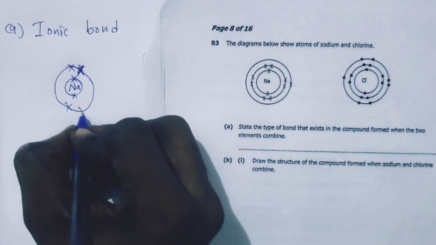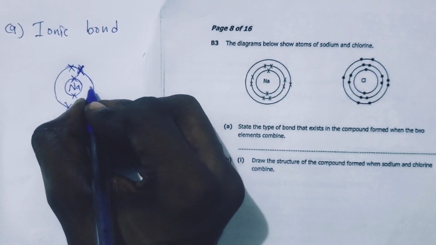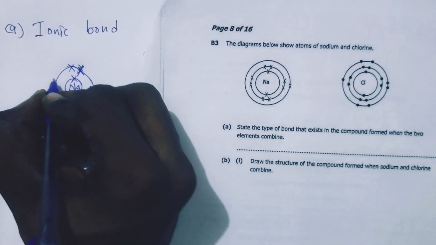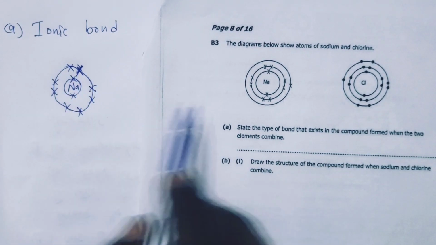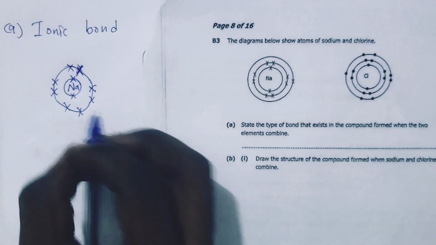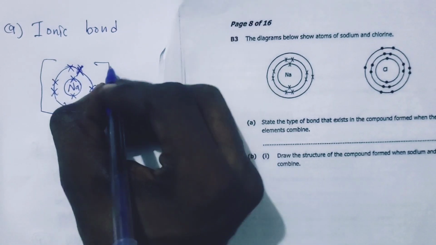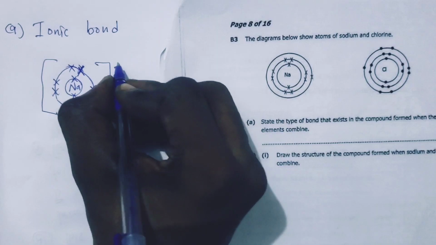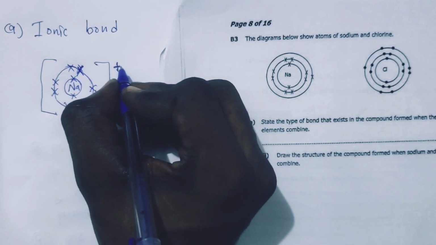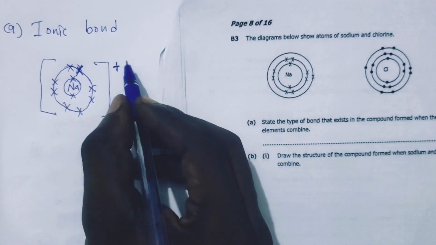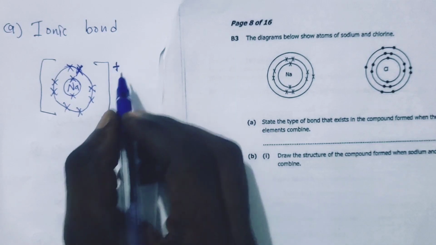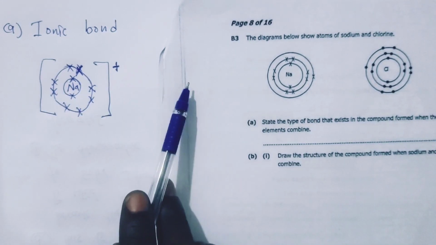So this is an electron, this is an electron, like this. Then the outer one is gone. To express that, you put them in square brackets like this. Then you write positive. Since it's positive 1, but 1 we don't write, you just write positive to mean 1 electron is lost.